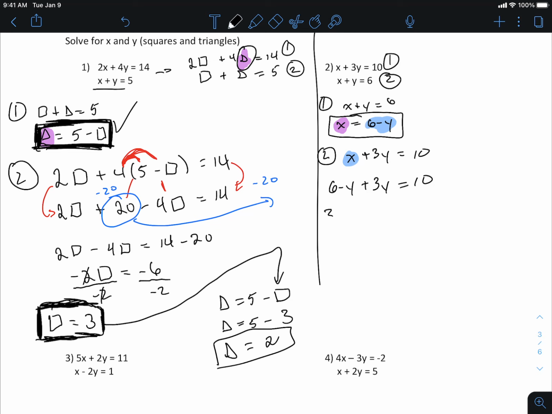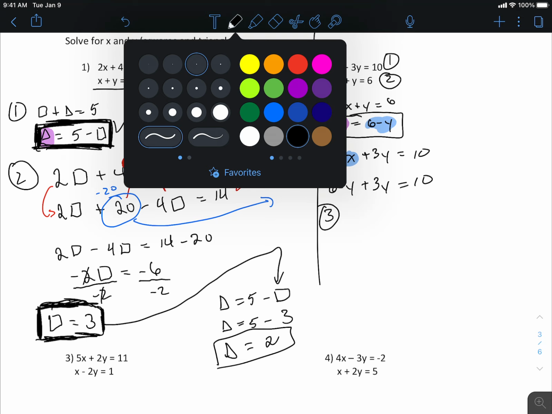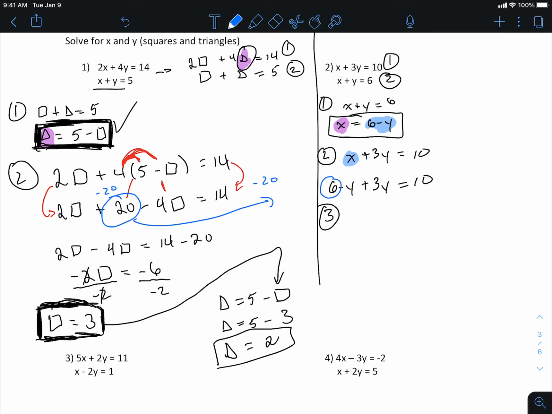Step 3 is to get the letters on one side and the numbers on the other, the variables on one and the numbers on the other. So I see the positive 6 on the left. That's kind of annoying. So I'm going to take it and move it to the other side.